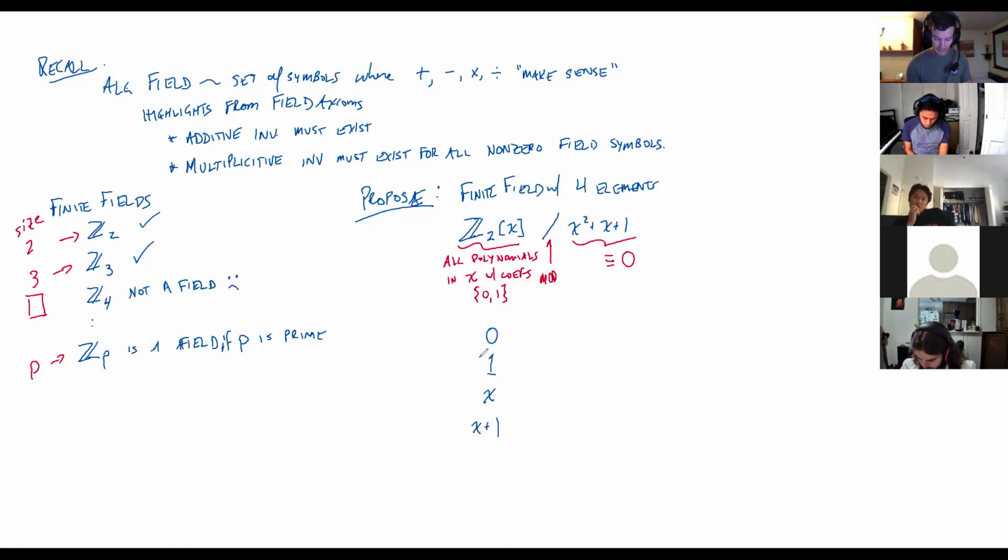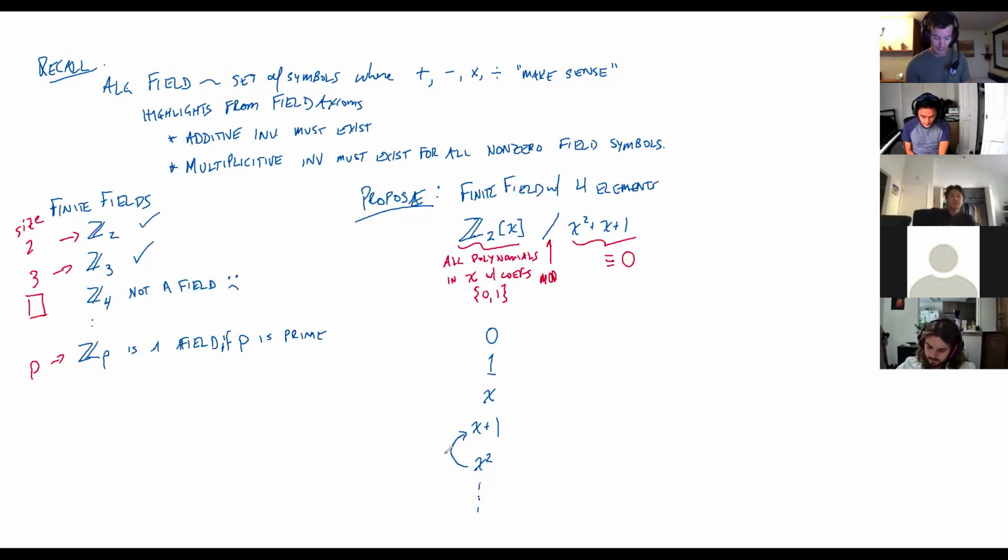And I think the next thing would be maybe x squared. But we know that x squared is equivalent to minus x minus 1, which is in this space equivalent to x plus 1. So this and this are equivalent. And I think you can keep doing that if you build up any more members of this list.